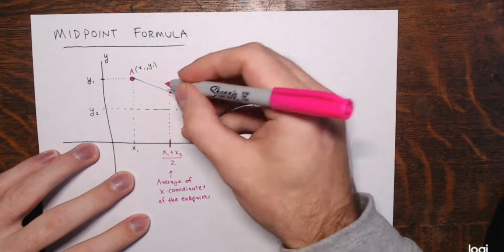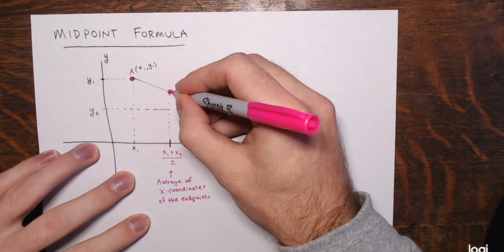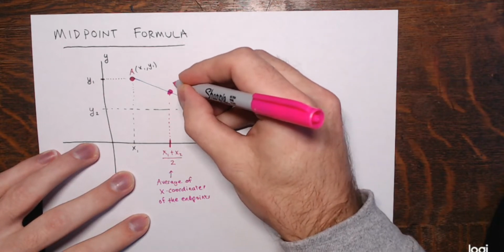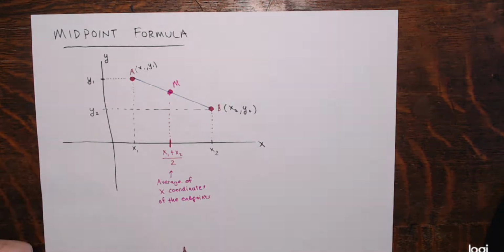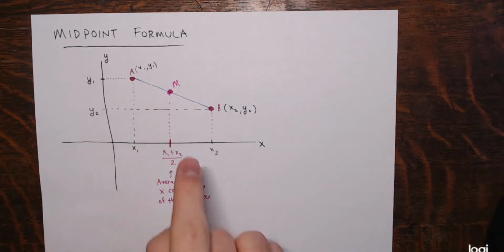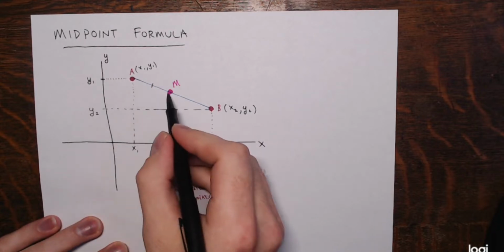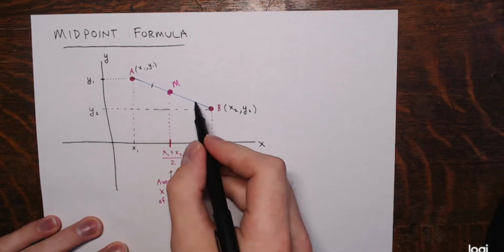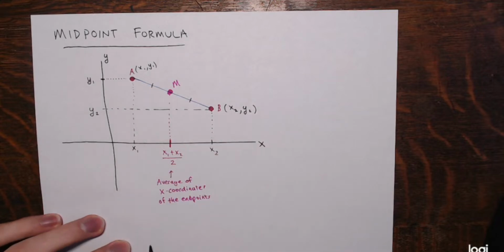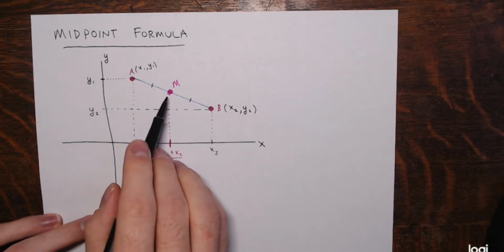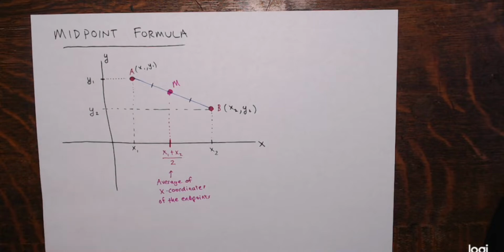Right? And so here is the point I'll call M for midpoint. Right, so that point there on that segment should be, again, exactly halfway between A and B. So the distance from A to M is the same as the distance from M to B. That's a little tick mark saying that those segments are congruent, right? A to M and M to B.